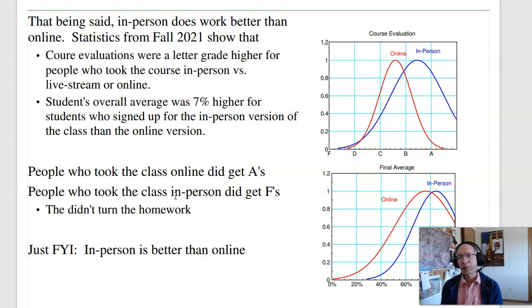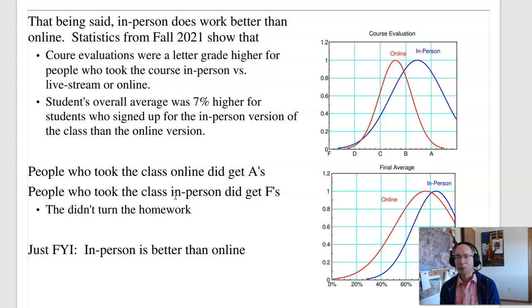I am trying my best to make online as good as in-person, but if I look at the previous semesters, the in-person section has a higher grade than the online section. The in-person section has higher class averages or higher course evaluations than online. So that leads me to believe that in-person actually is better than online. You can still get an A. People taking the course online got A's.